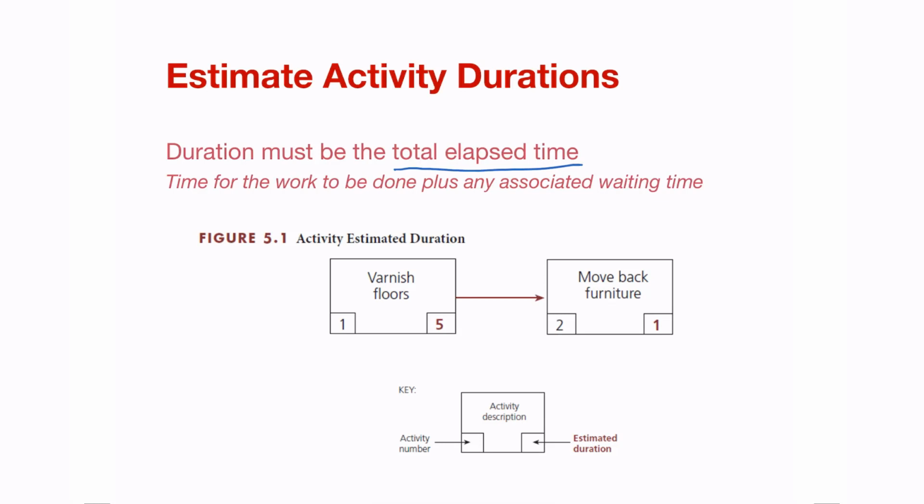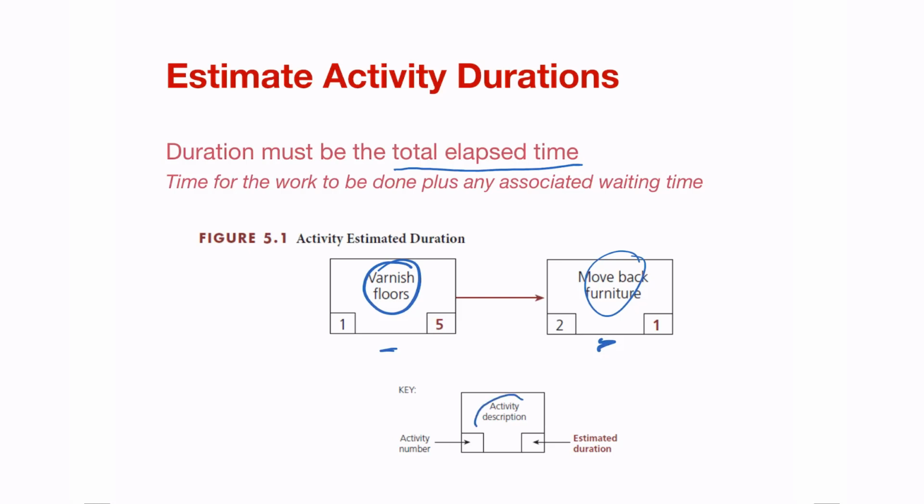So let's look at an example. You have 2 activities that you have to do: varnish the floors and move back the furniture. Both of these are sequential, in which you first have to varnish the floors and then move back the furniture, obviously. In the entire textbook, you'll find that the way we allocate and nominate activities is in this little description box.